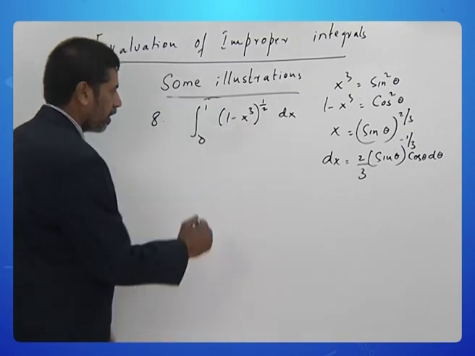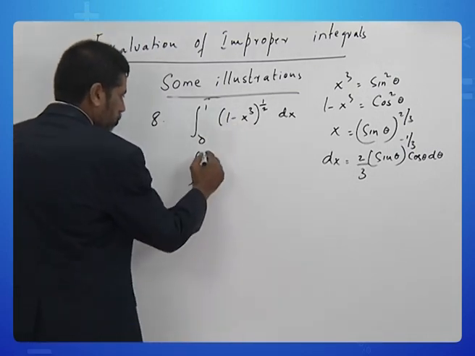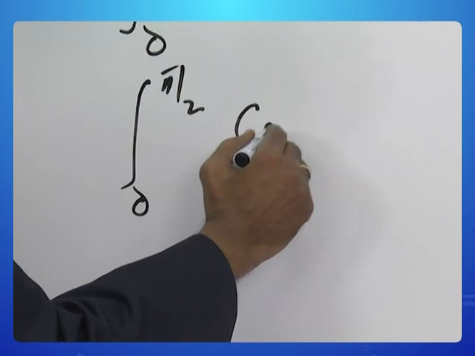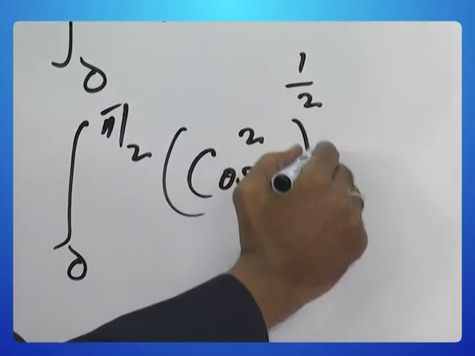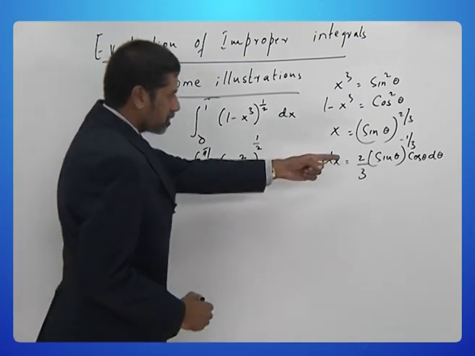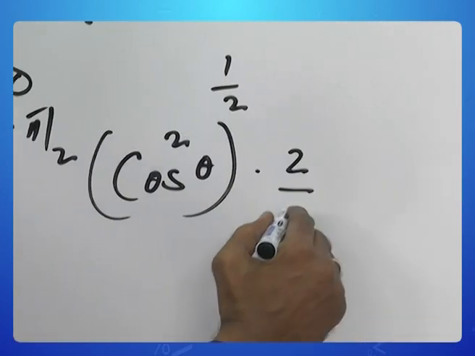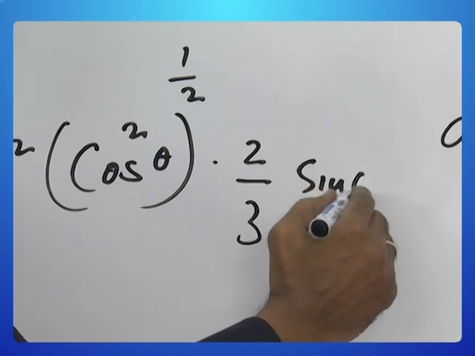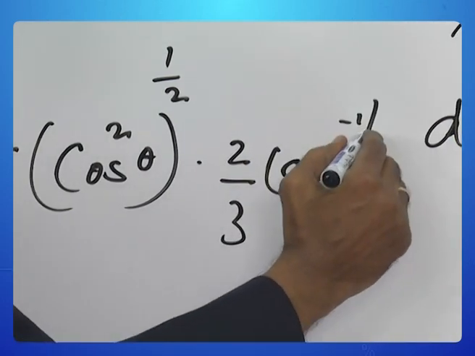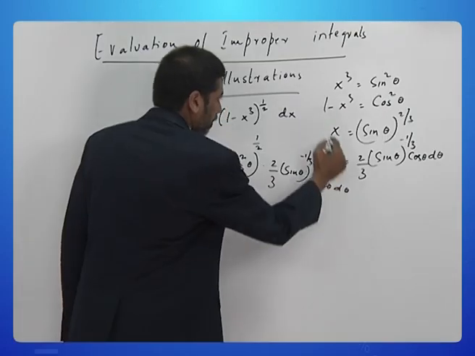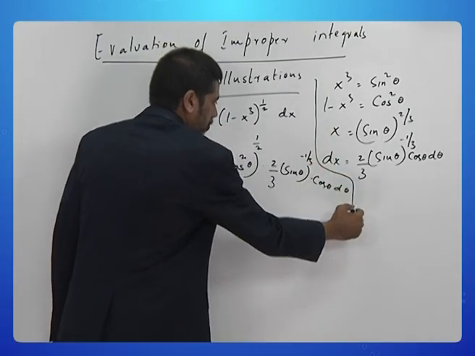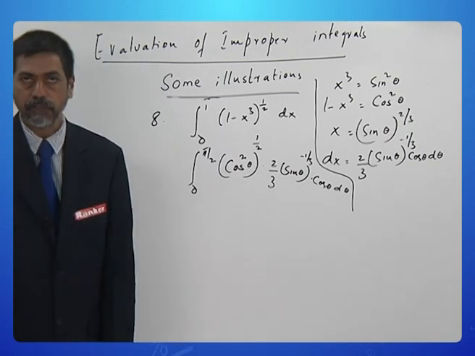I don't think we have to go into that detail. So 0 to pi by 2, cos square theta power half. Then you attach this 2 by 3 sin theta power minus 1 by 3 cos theta d theta. Right?